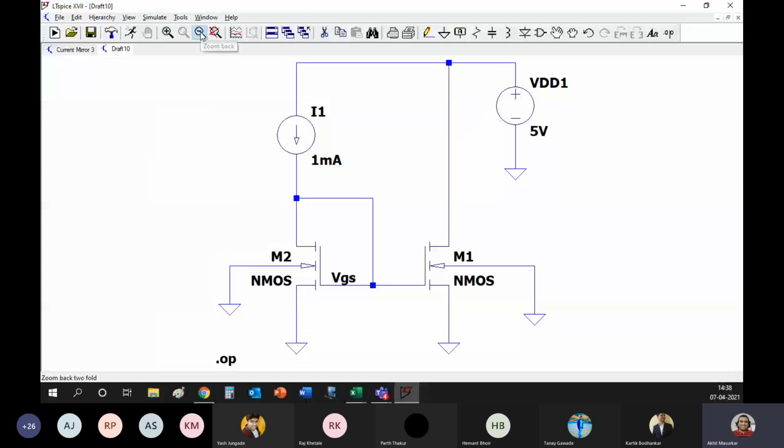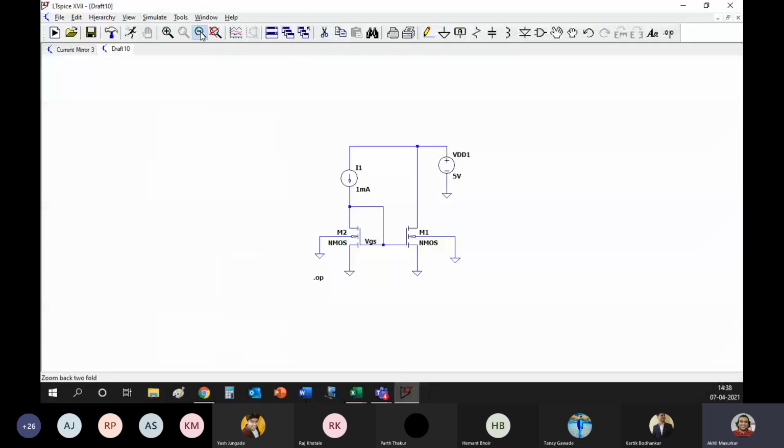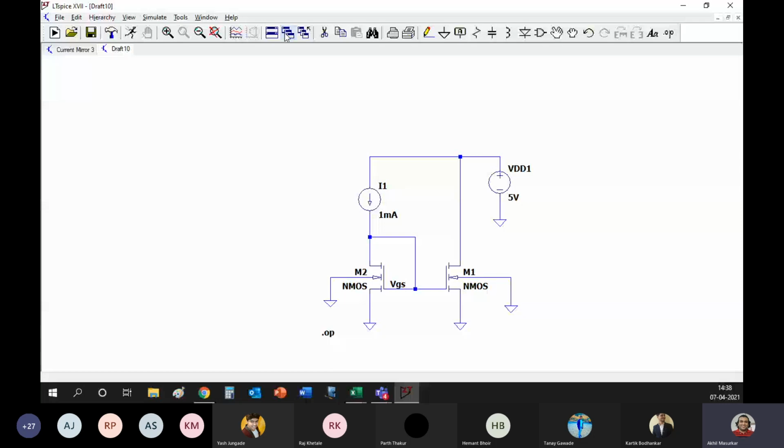And what we will do is again copy this particular circuit and replicate it on this side. So I have replicated it. Again I am saying okay.